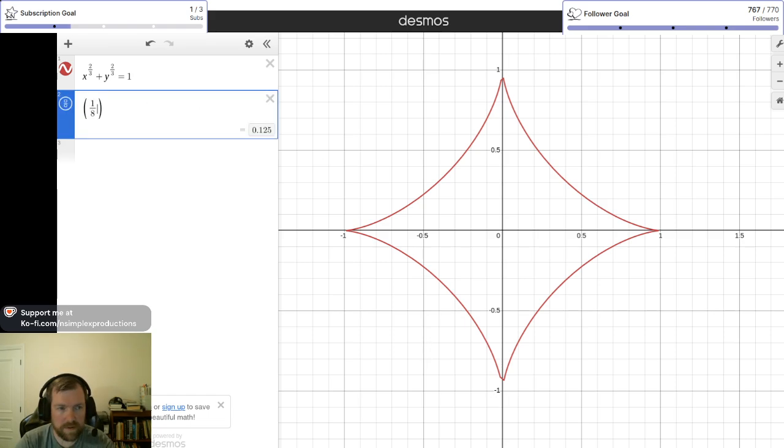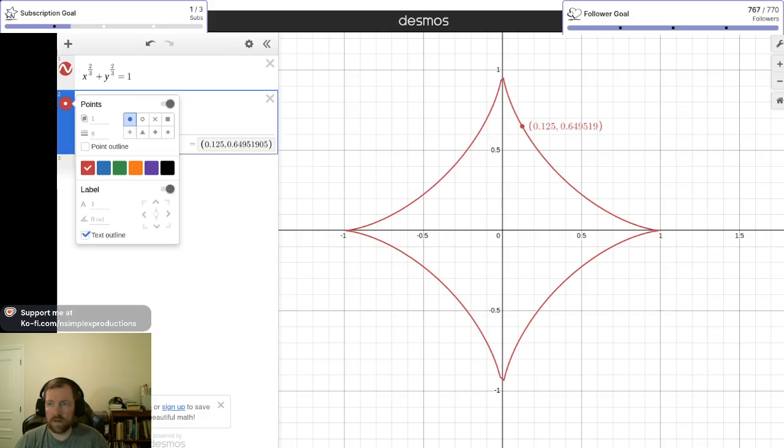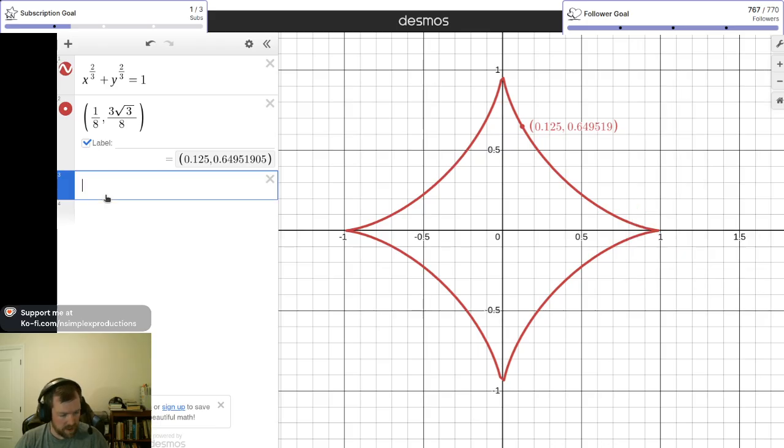So 1/8, comma, 3 square root 3 over 8. Nice. That's fine. Turn the label on and make it chunky, just so you can see it better. Up to 1, 0, right?